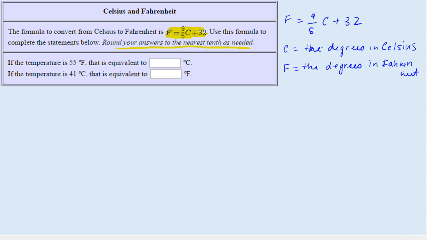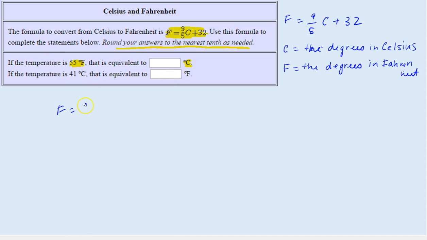So in this question, the first one, it says, if the temperature is 55 degrees Fahrenheit, that is equivalent to blank degrees Celsius. So again, this is a relationship between two different measurements. They're giving us one quantity and asking us to find the equivalent in another measurement scale, Celsius. So let's write the equation.